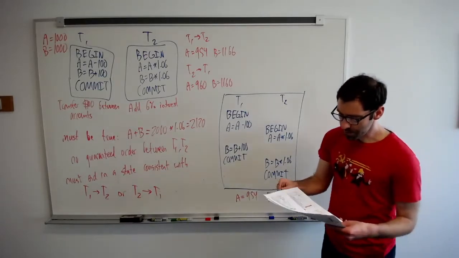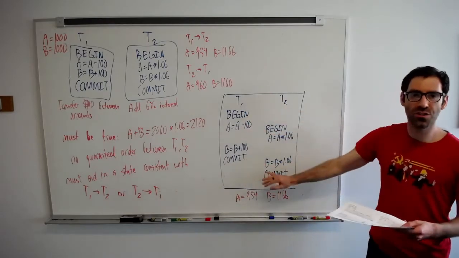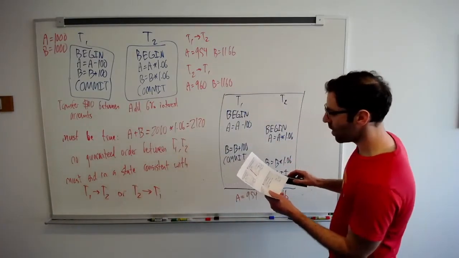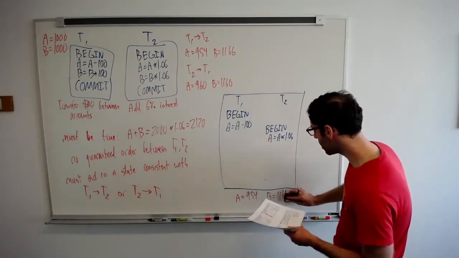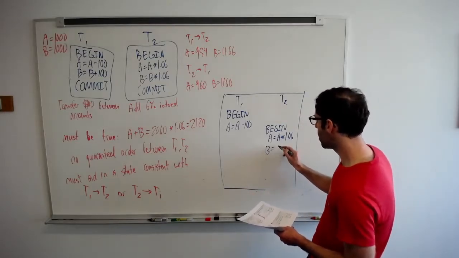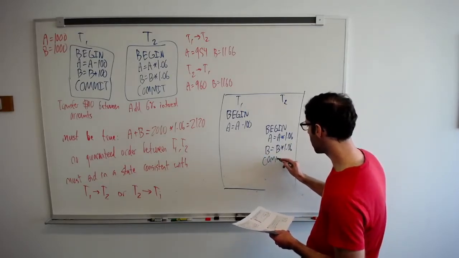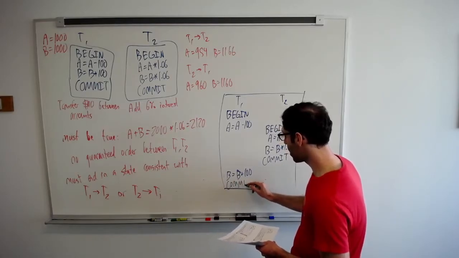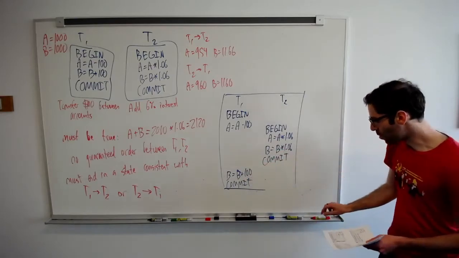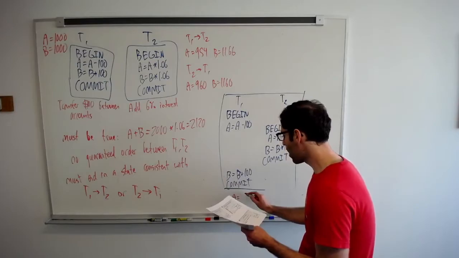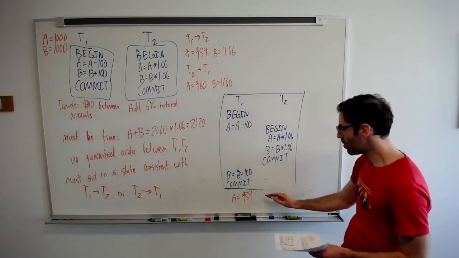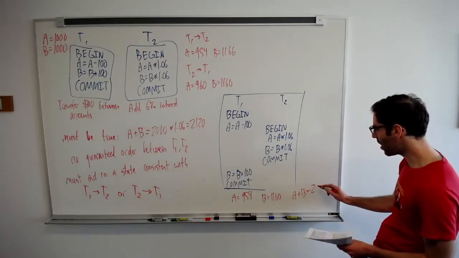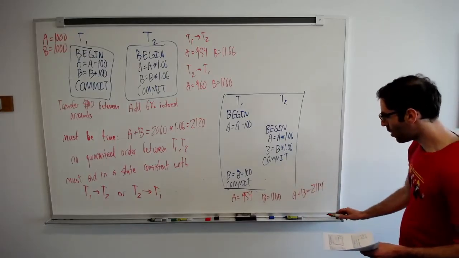And we want to ensure that only these sorts of interleavings are allowed, because if, for example, we reorder these operations on B, so that T2 does its operation on B before T1, we end up in a situation where A is 954, but B is 1160, and so A plus B is 2114, and we're missing $6.